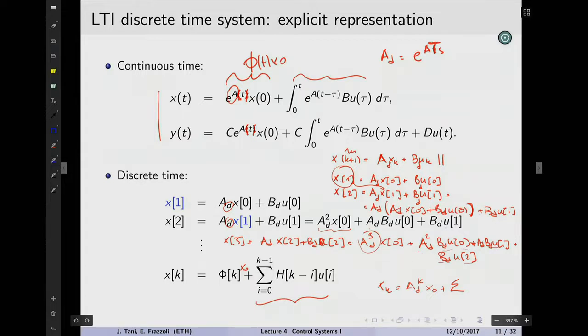Let's make the sum go from 0 to some value, up to what value? If this is k, here it's always k minus 1, no? Because x of k plus 1 on the left side has a u of k at most on the other side. So here you're definitely going to have a u of i. And how is it related to these matrices here?